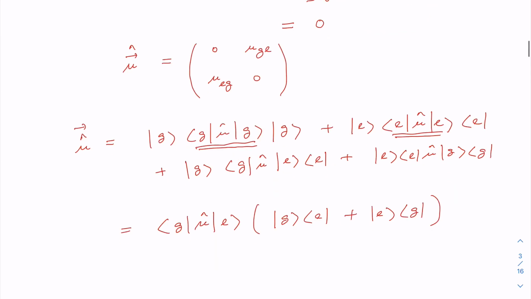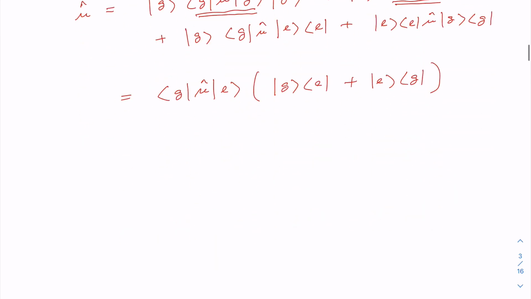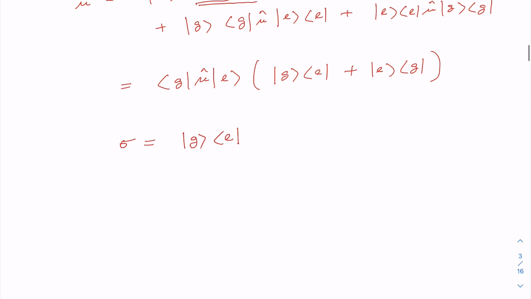Let me define two operators. Atomic lowering operator sigma, |z><e|. So we are going from the excited state to the ground state. So this is the atomic lowering operator. Similarly, atomic raising operator sigma dagger, |e><z|, would be where we are going from the ground state to the excited state.